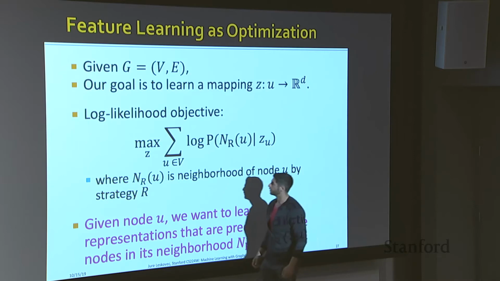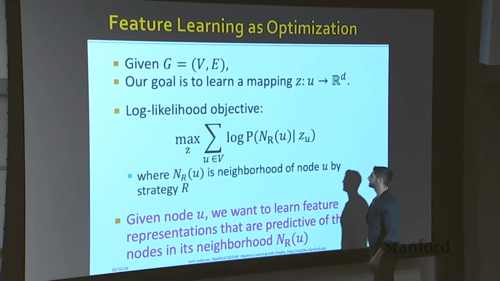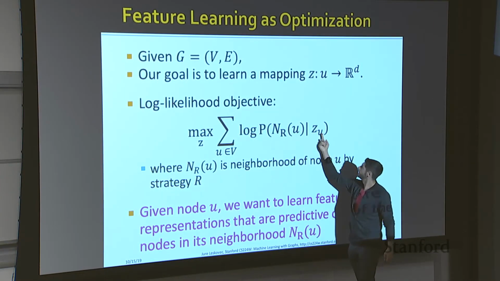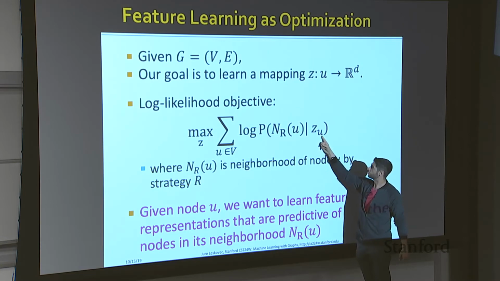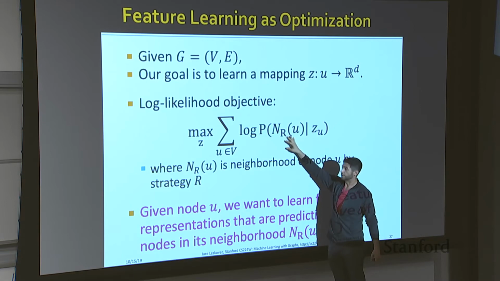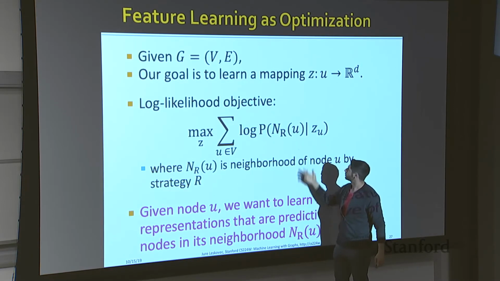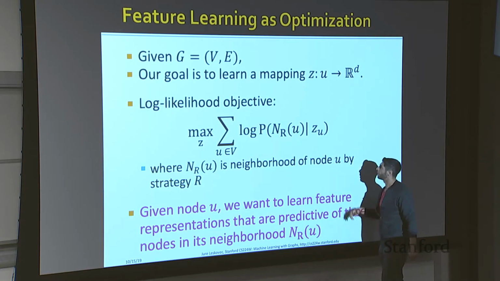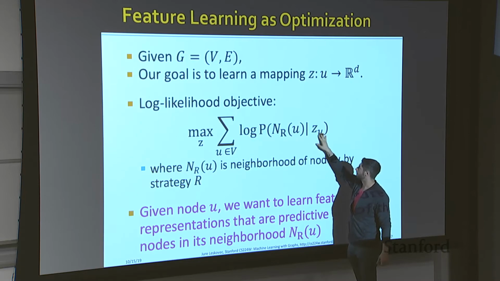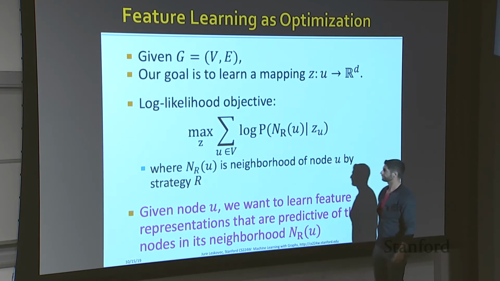We're going to try to maximize this expression, which is basically the conditional probability of, given the vector representation of our node U, finding the neighborhood that we defined before with our strategy R. So we want to maximize the probability that the vector representation of our node U is going to be close to the representation of the neighborhood.